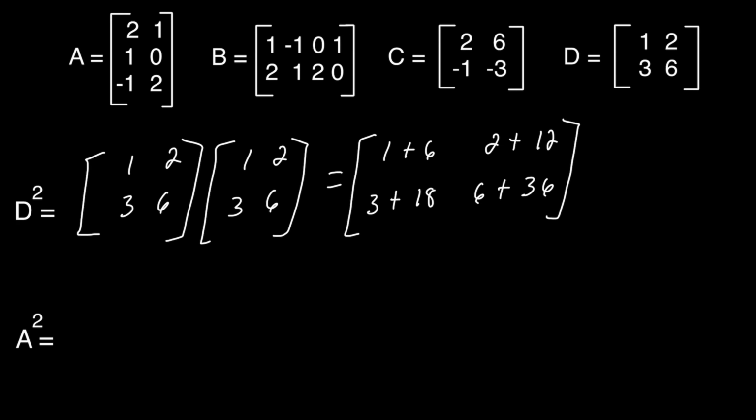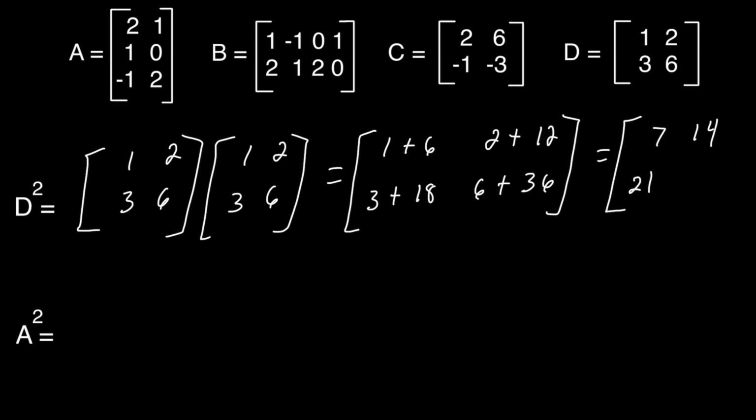Now we will figure out what this is. What's 1 plus 6? That's going to be 7. 12 plus 2 is going to be 14. 18 plus 3 is going to be 21. 36 plus 6, 42. And this right over here is D squared.